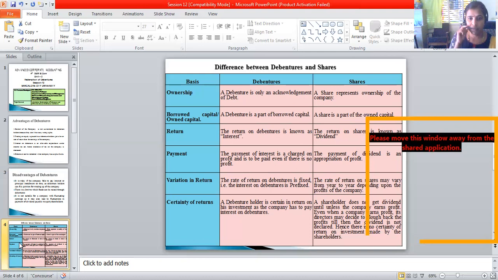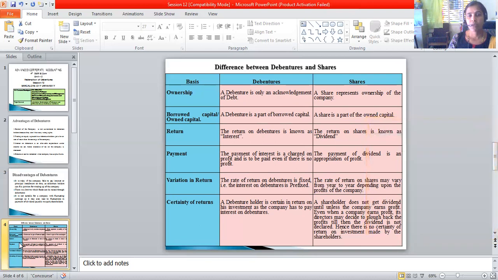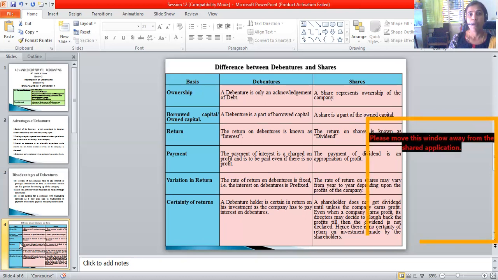Certainty of returns. In case of debentures, the debenture holders are very certain about the money that they will be getting from the company, as the rate of interest that they are due is fixed, and the company has to pay. If in a particular year it is not able to pay, they can file a petition, and moreover it gets accumulated and they will have to pay in the following year when they earn sufficient profit.